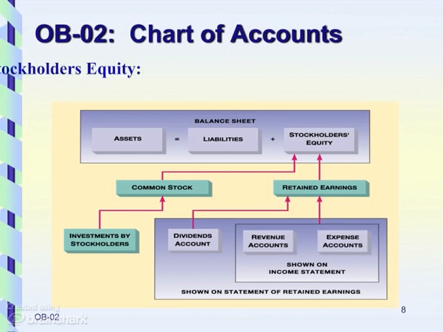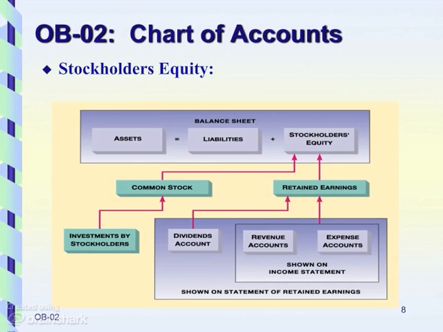If we spend a little bit more time just focusing on the stockholders' equity component of the accounting equation, we can see that our stockholders' equity is broken down into two primary categories, common stock and retained earnings. The common stock of an organization is really the investment by its stockholders. The retained earnings component is comprised of revenues, expenses, and dividends.